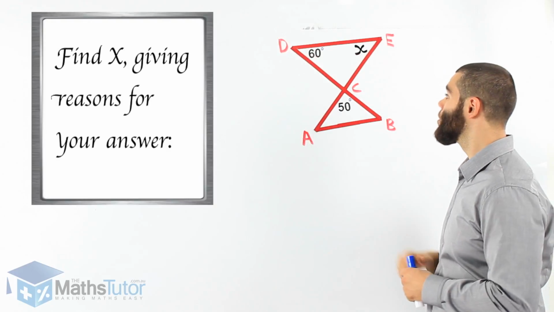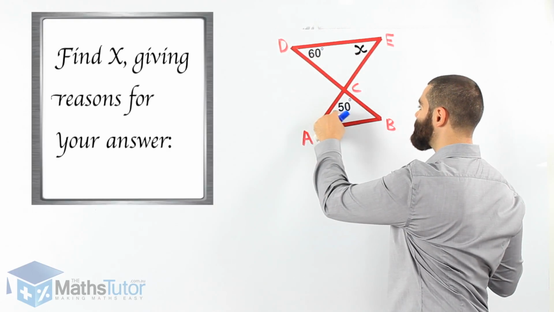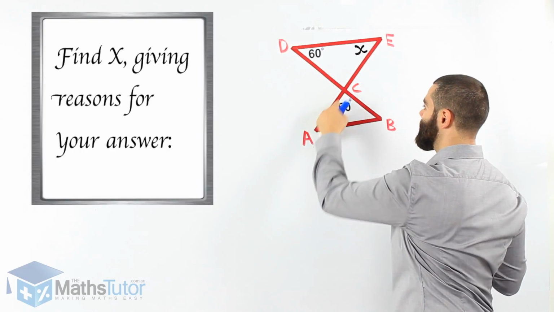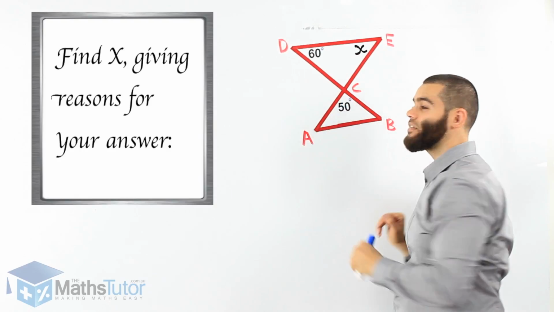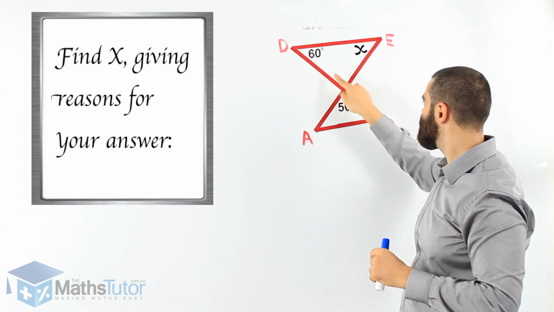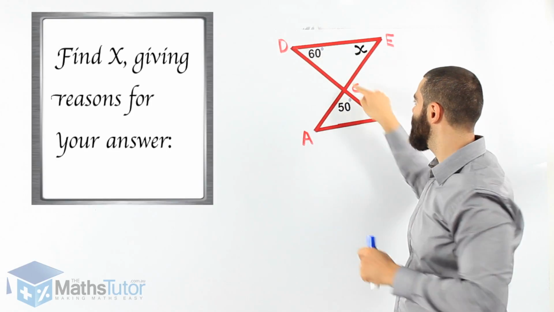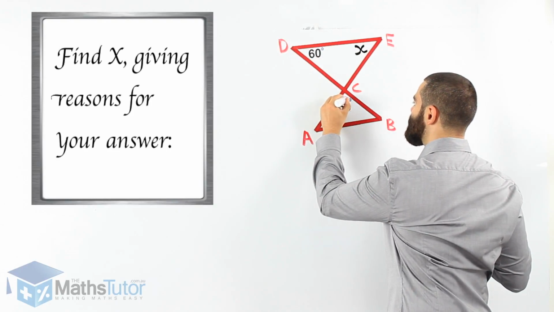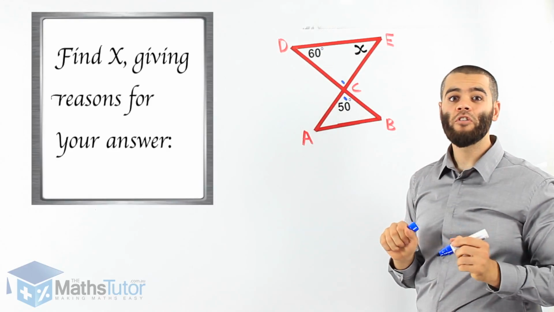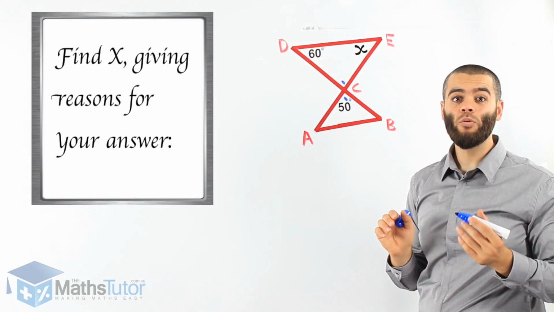What do we notice? We notice this angle here, angle ACB, is 50 degrees. It is vertically opposite angle DCE. So this angle here and that angle there are vertically opposite. We know vertically opposite angles are equal.